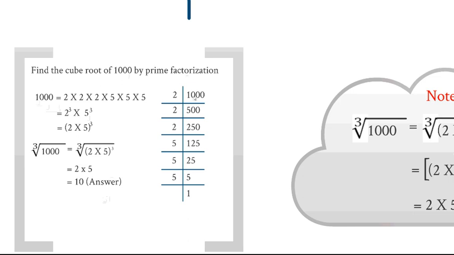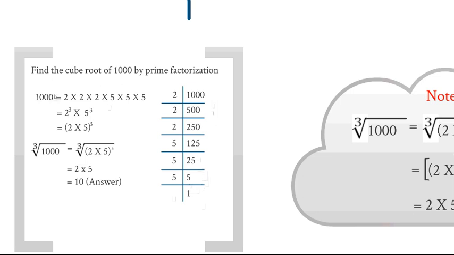So we do prime factorization for 1000, again by the division method, and I divide by 2 to give me 500, and I again divide by 2 to give me 250, again divide 250 by 2 to get 125, and I know that 125 cannot be divided by 2, so I divide by 5, the lowest prime factor. And I do this until I get a 1, which ends my division process.